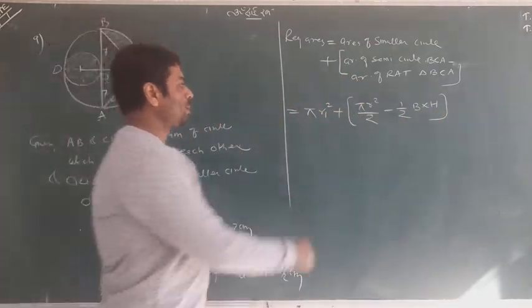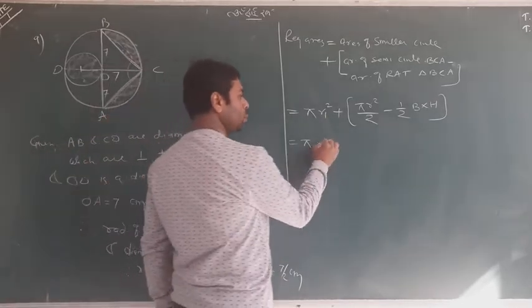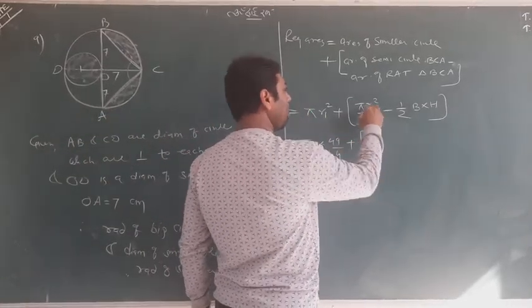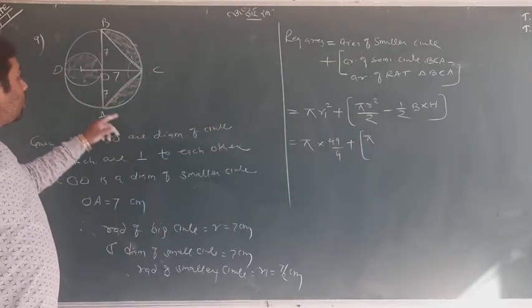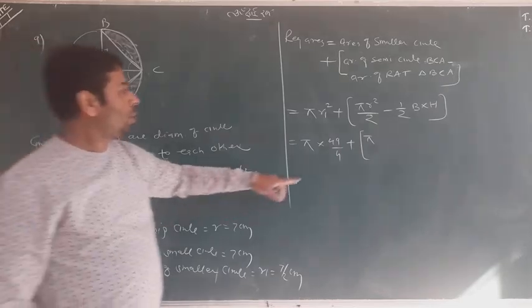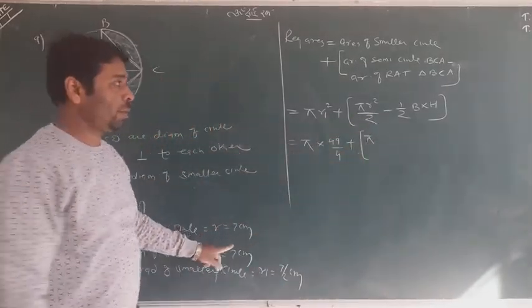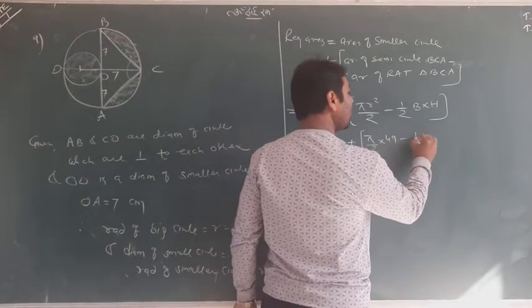Now put in the values. Pi is pi only. Radius r1 is 7 by 2, squared is 49 by 4. Plus pi r square upon 2, where the radius is 7, so 49. Minus half base into height.